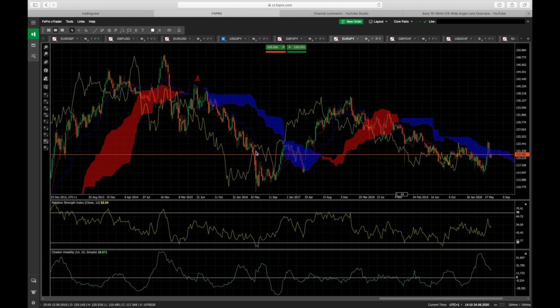Then we have that support level again in May 2016. It was tested and then it broke through, and we then had that level again tested and broke through in June 2019, and then we're here again testing that level at the 120.